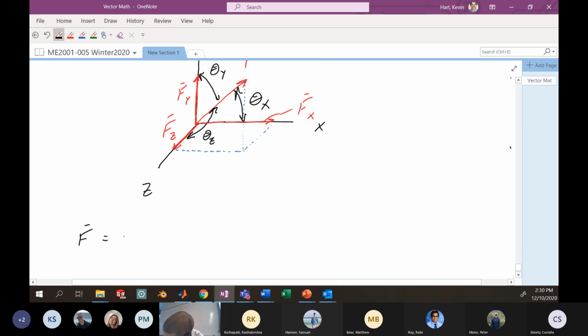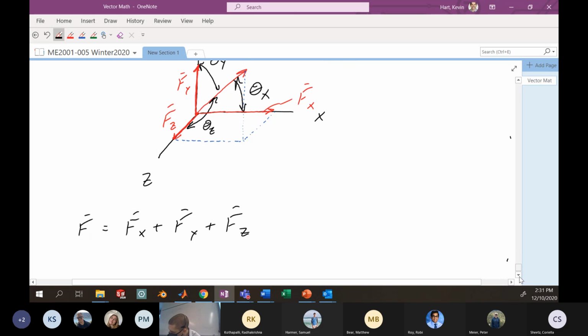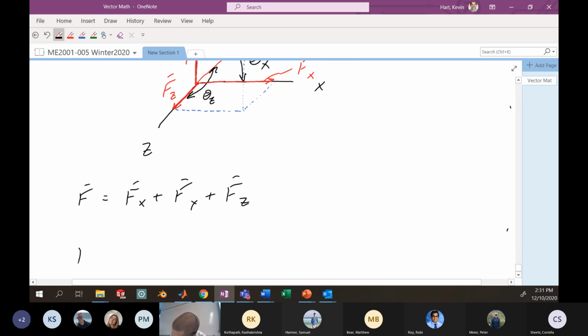Then F, which is Fx plus Fy plus Fz, is the combination or the addition of all three of these vectors together. This is the magnitude of F times cosine of the angle between the x-axis and that force in the i direction.